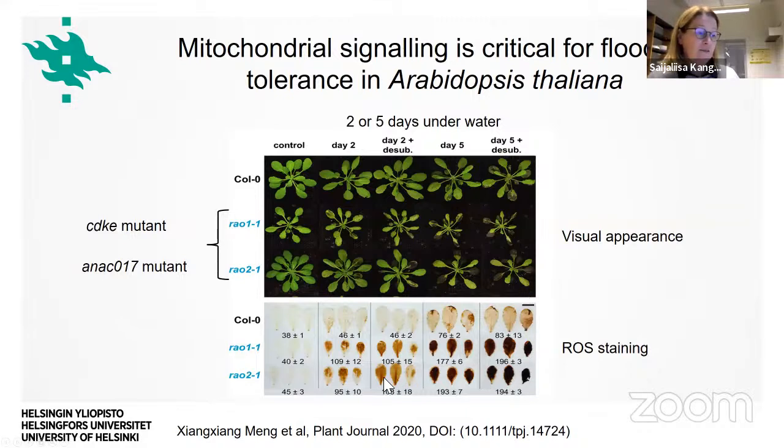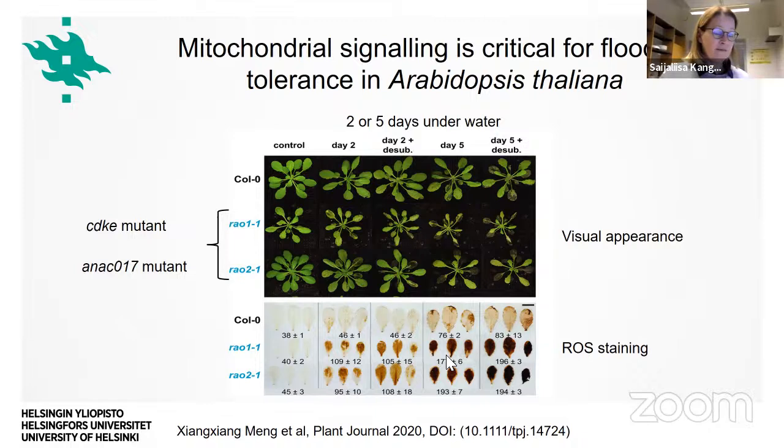And here with DAB staining, you just see how these two genotypes, so the signaling component mutants, really accumulated lots of reactive oxygen species, especially at the 5-day time point of the treatment. So there was a formation of ROS and really oxidative damage probably to these leaves, and they recovered very poorly.